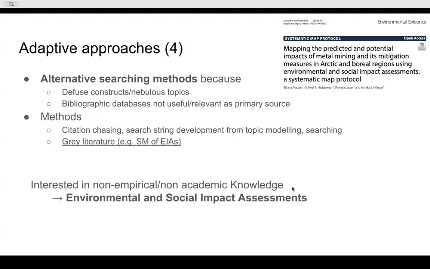And we were interested in what the predicted impacts might be by this body of researchers. And so we just adapted systematic mapping methodology to deal with a different type of document and a whole different way of searching, where actually physically going to libraries or some of these consultancy firms was needed to obtain those documents.